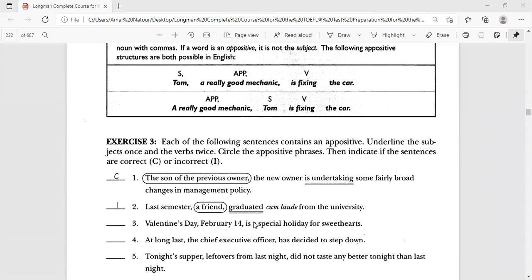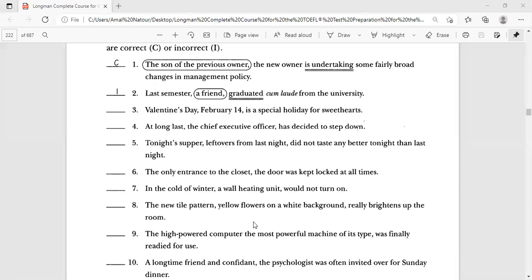Let's now look at this exercise and see if these sentences are correct or incorrect. Now, let me do the first two and give you 5 minutes to do the others. The first one: the son of the previous owner, comma, the new owner is undertaking some fairly bold changes in the management policy.